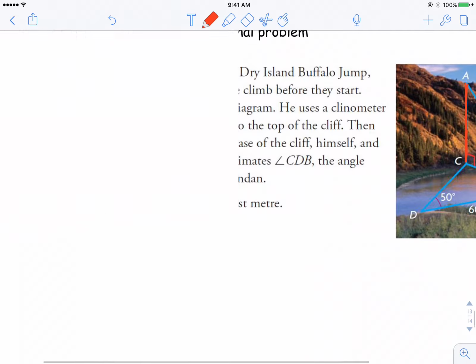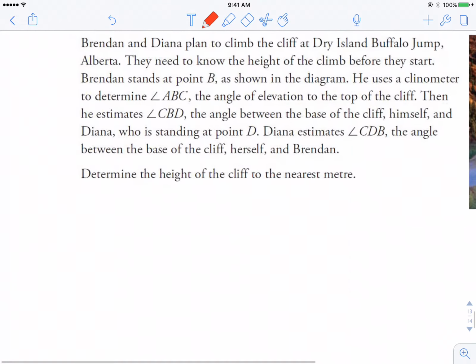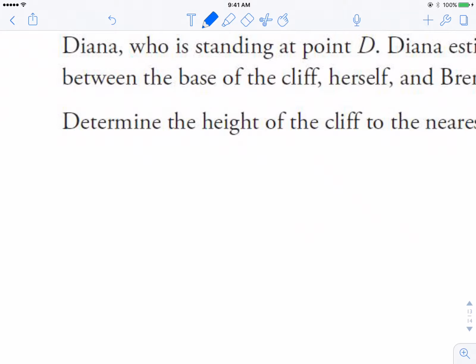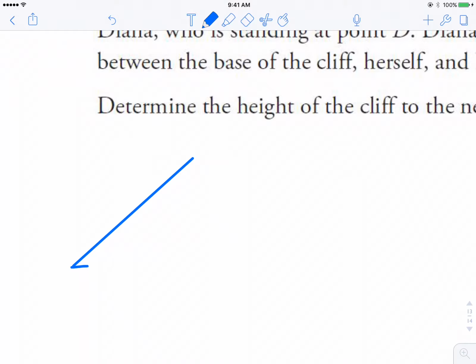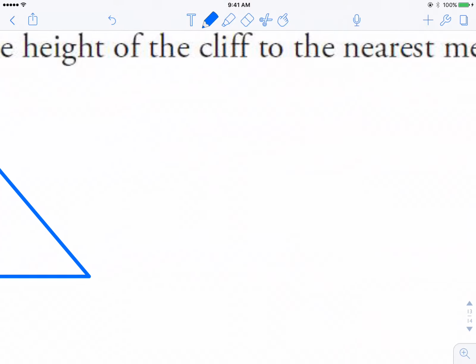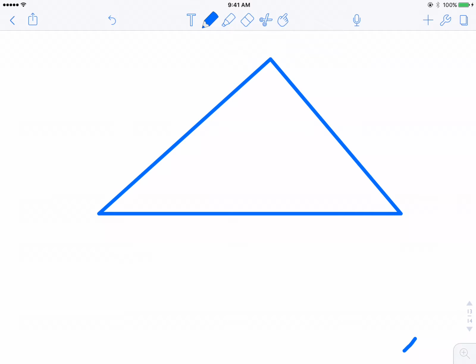So we have this triangle, this being 60 meters, this being 60 degrees, this being 50 degrees.